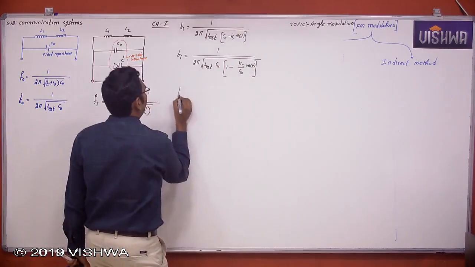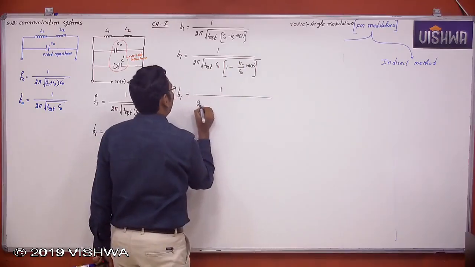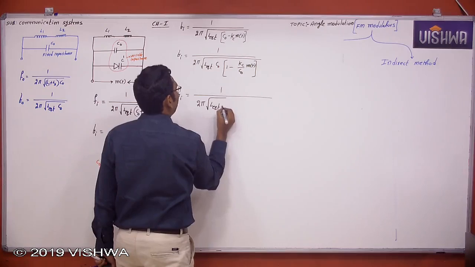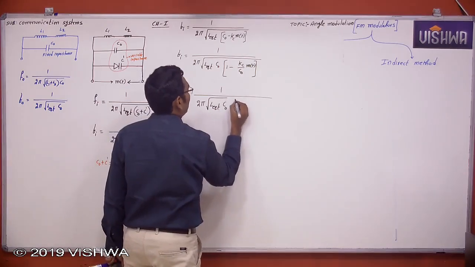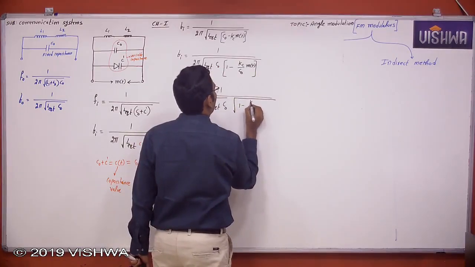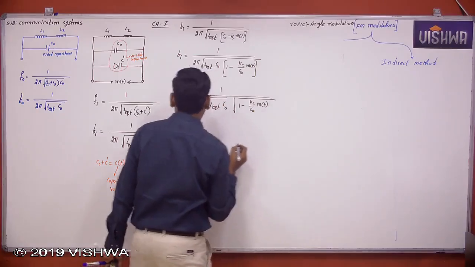Now Fi is equal to 1 divided by 2 pi into root L equivalent into C naught, now if you take this root of 1 minus Kc by C naught into m of t.